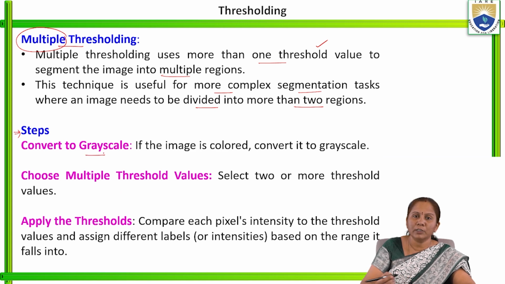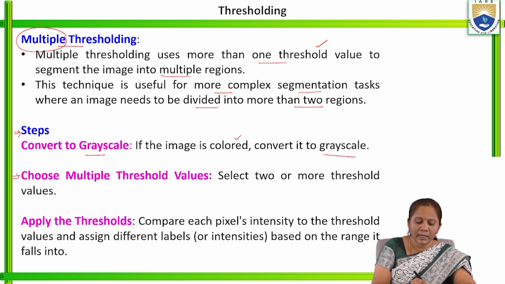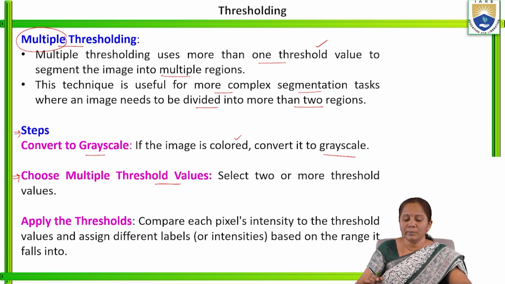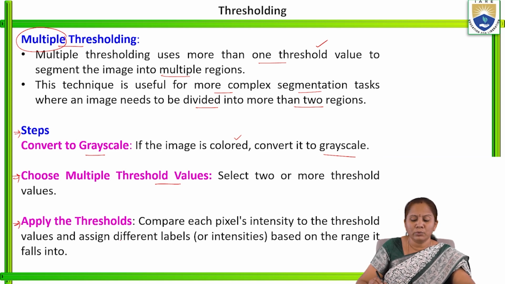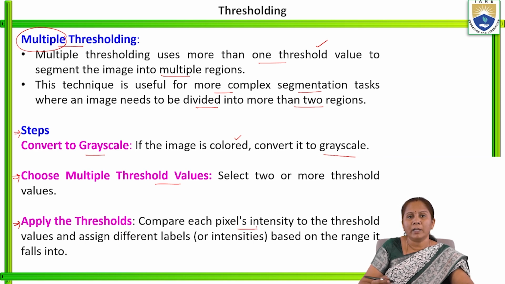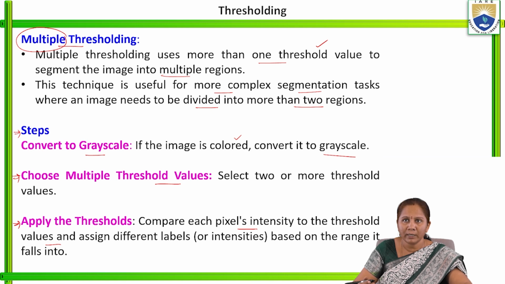The steps we have to follow here are the same. First, convert the given color image into a grayscale image. Next, we have to choose the multiple threshold values. Multiple means more than one, so 2 or 3 threshold values can be selected. Next, we apply the thresholds. Each pixel intensity value should be compared with the threshold values, and based on the intensity the labeling should be done.